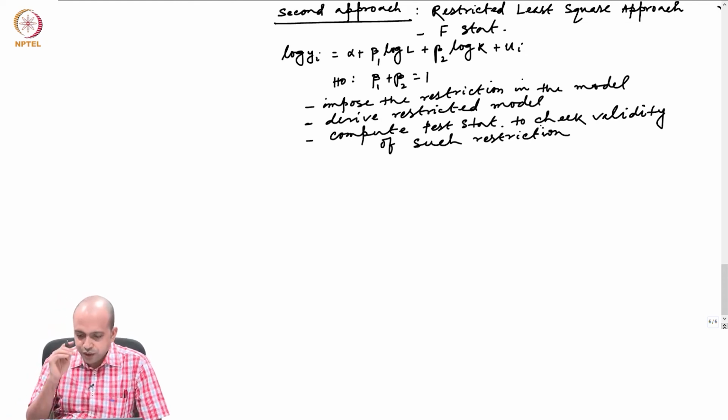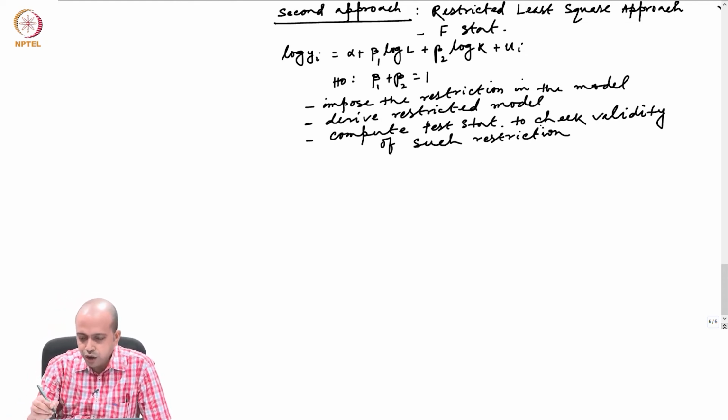Okay. So, what I will do, I will impose this restriction here. How can you impose the restriction here? If beta 1 plus beta 2 equals to 1, that implies that I can say that either beta 1 equals to 1 minus beta 2 or beta 2 equals to 1 minus beta 1.